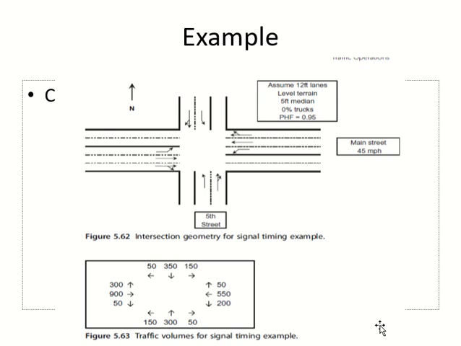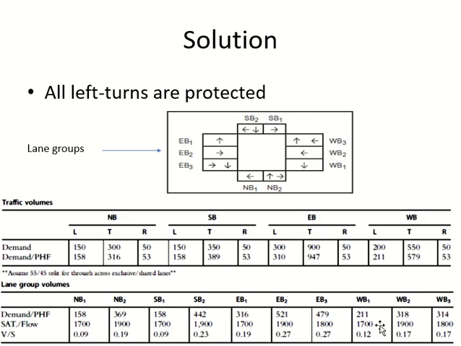This is how we will calculate the volume for each lane group. First of all, what did they do? They divided each value by the peak hour factor. The values were given as volumes. The given values 150, 50 and 550 were volumes. You divide by peak hour factor, they become what?